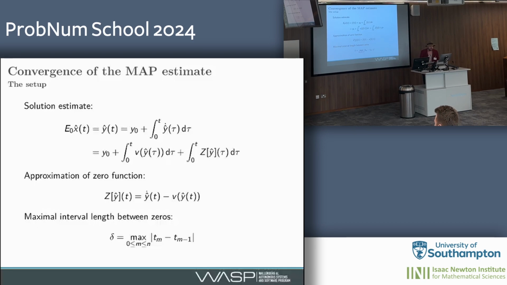Now, I'm going to sketch this really loosely. But the point is that our MAP estimate gives us a function x hat, which sort of encodes an estimate of the solution y hat, which is an estimate of the solution and all of its derivatives.